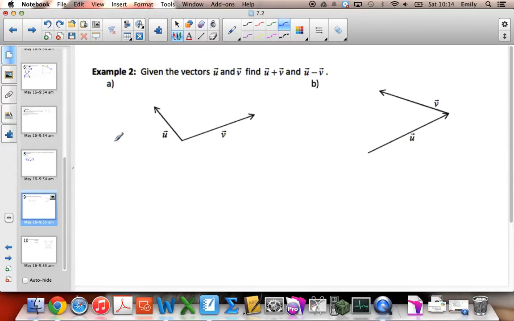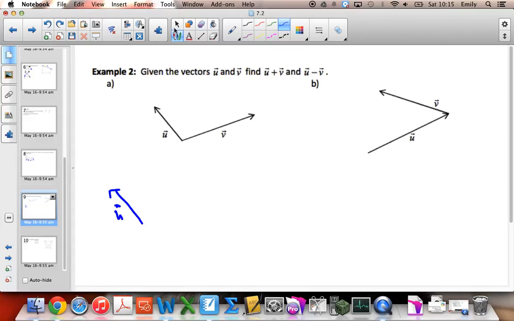Let's do some more. So now I want to find u plus v and u minus v. Well, I'm going to start by drawing both of them over again. So here's u. I'm going to make it look the same. And now I want to do negative v. So negative v is actually going to point coming down this way.